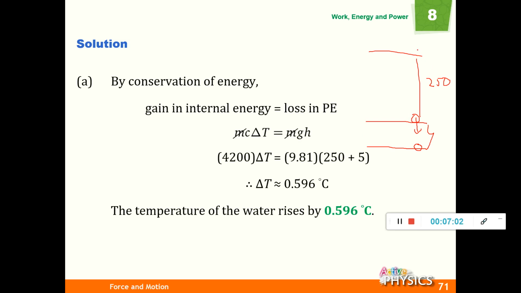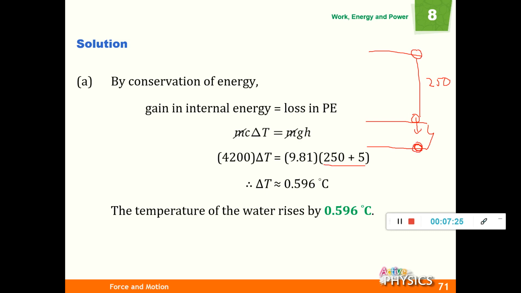All the PE of 250 converted into kinetic energy, and this kinetic energy will be 0 at this position. But in your solution, be very careful to consider the KE. Initially, KE should be 0. Finally, KE is also 0.